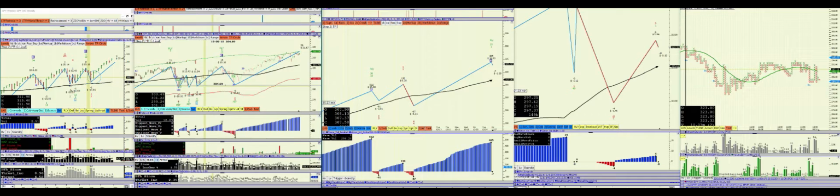The second thing to notice is that it goes down on heavy volume towards the end of the pullback. Now, there is some at the start, but the end of the pullback has heavy volume, and it has no follow through. There's a reversal. That right there is a minor climax.